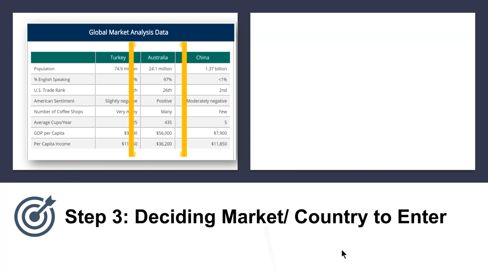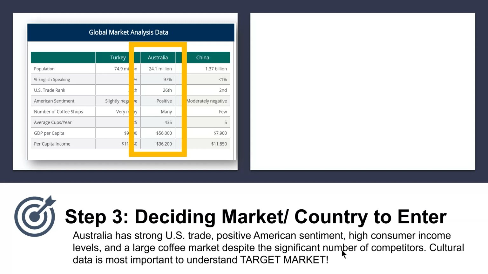And at the end of the day, what you chose was Australia. As you can see, it's positive to Americans. They have many coffee shops, but okay, it's a huge population, 24.9 million. They speak English. From a management perspective, it's easier. However, a GDP per capita is 56,000.